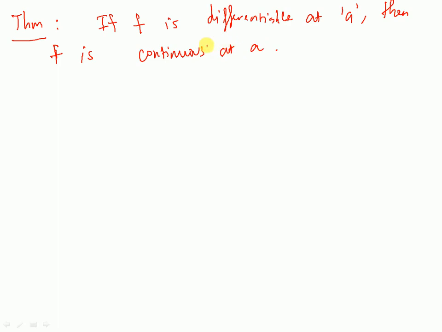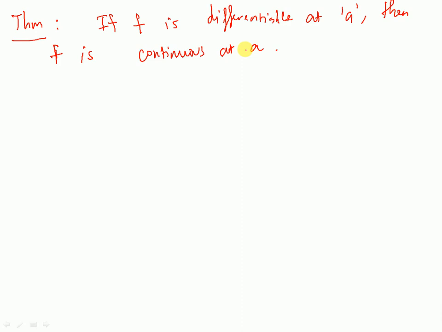So basically, let's take a look over this theorem. We have a function f, and if f is differentiable at a, that means we can take the derivative at all the points of that function. Then that means that function is continuous at all the points.